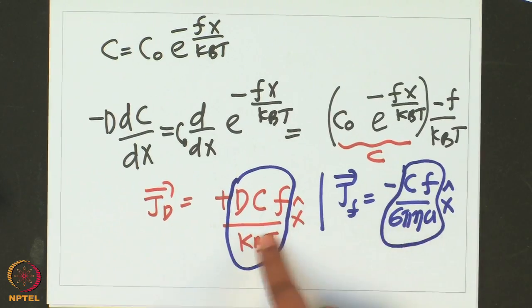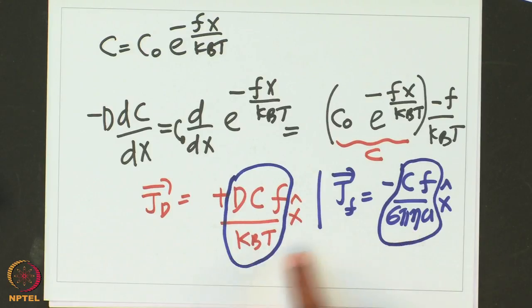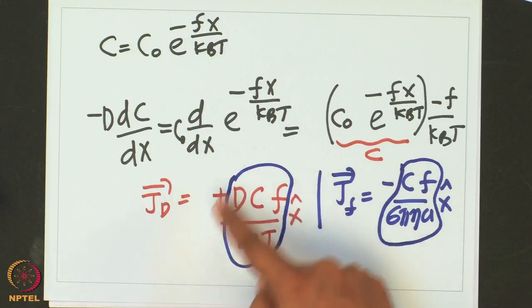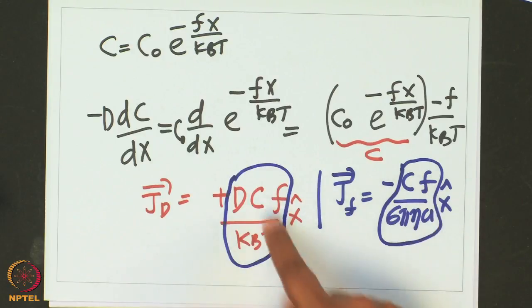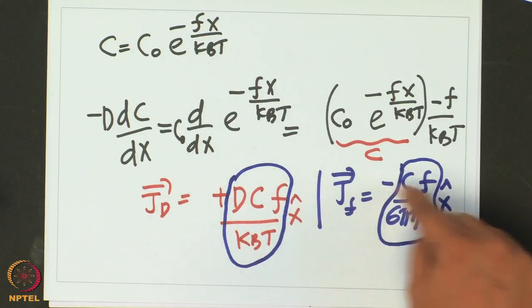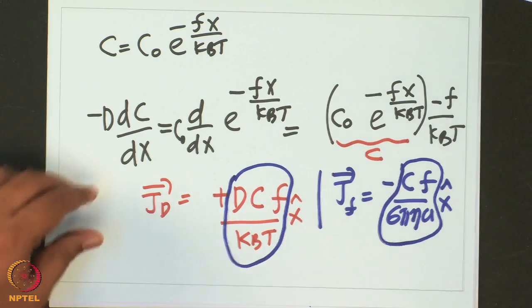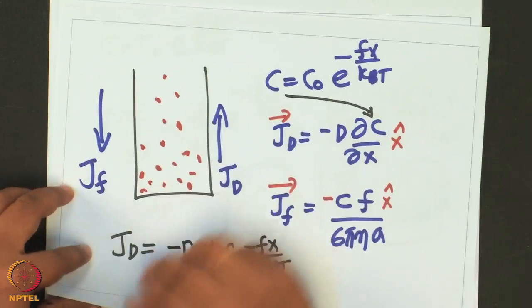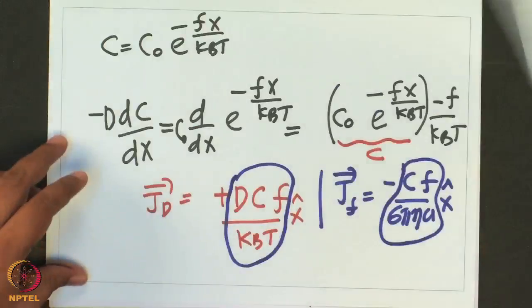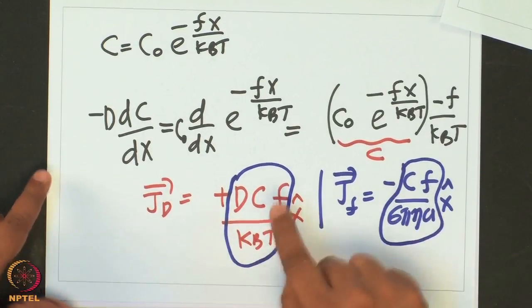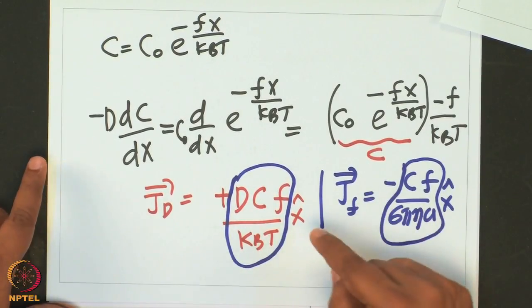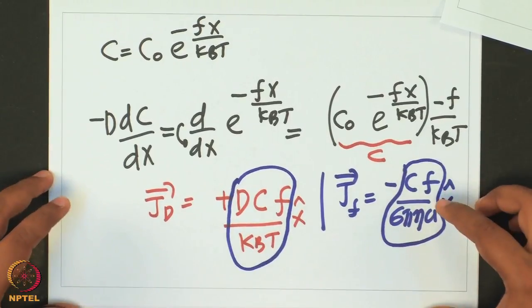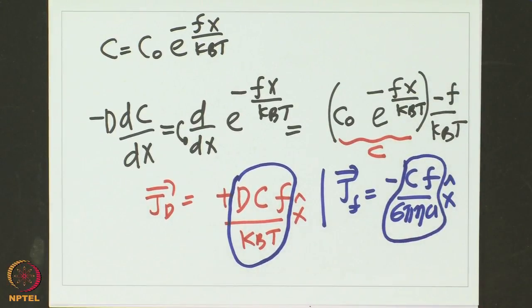Whatever I have put in this circle is the magnitude. If they are equal, the magnitude will be equal and the direction will be opposite. So the flows will be equal in magnitude but opposite in direction. When they are, both the flows will cancel, and on average the number of proteins at any point would remain constant. So let us equate these two.